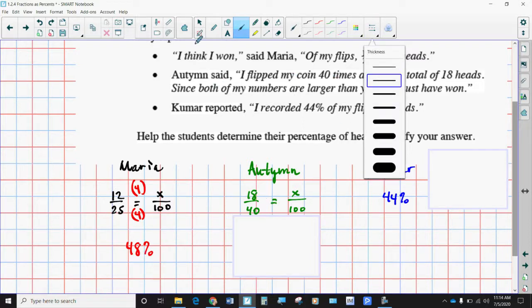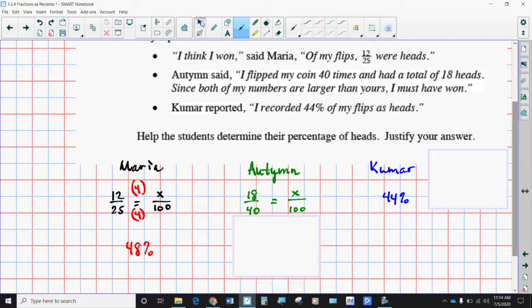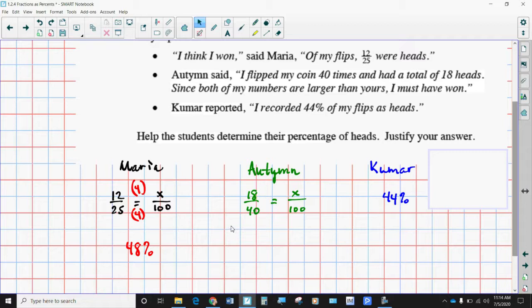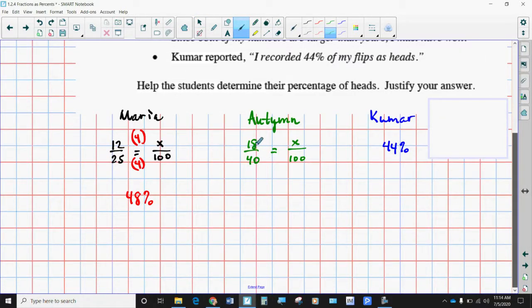Taking a look at Autumn. This can be a little bit trickier. If we want to multiply 40 times something to give us 100, what do you multiply times 40 to give you 100? You can figure it out just using your calculator, but sometimes if you can simplify a fraction, maybe you can find a friendlier denominator. So I'm going to do it both ways.